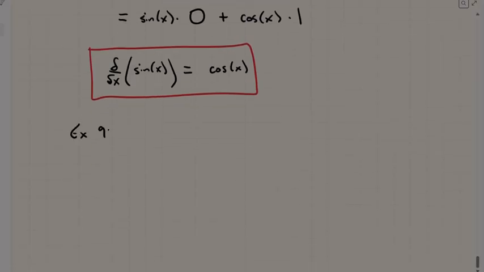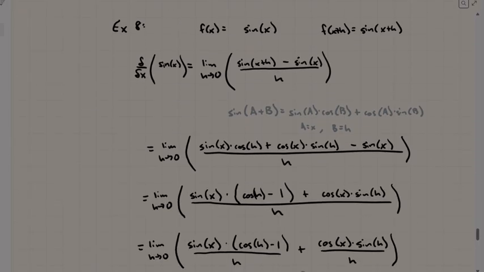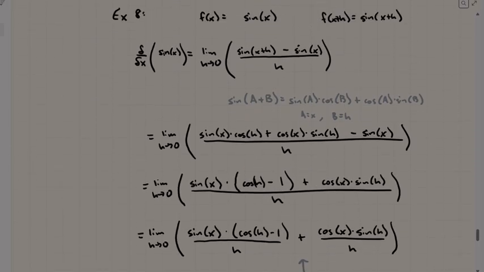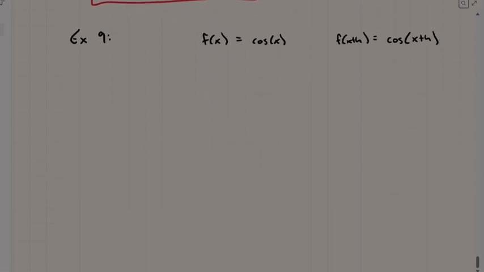All right. Example 9. Let's see if we can figure out the derivative of cosine x. So we got f of x is cosine x, f of x plus h, cosine of x plus h. We're gonna generally follow the same strategy for sine and cosine. So let's see what happens. We got our f of x. We got our f of x plus h.